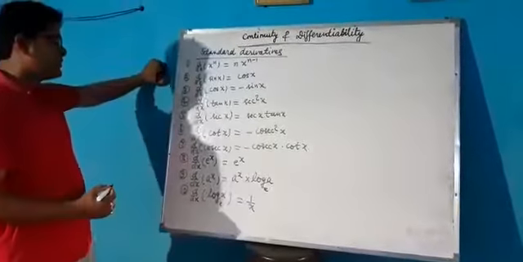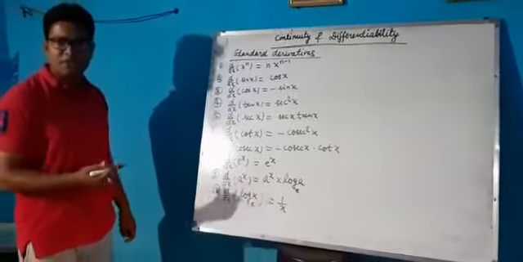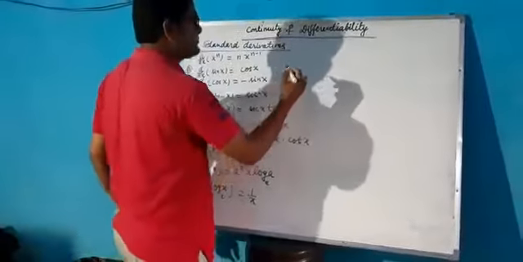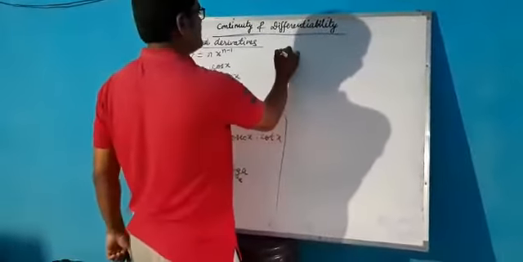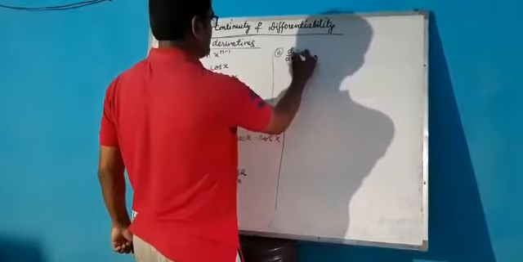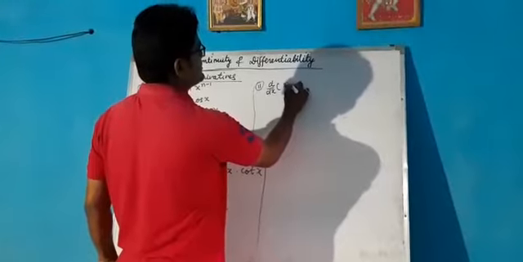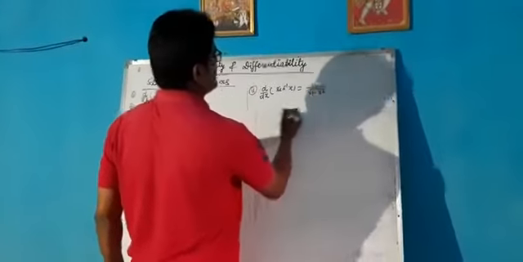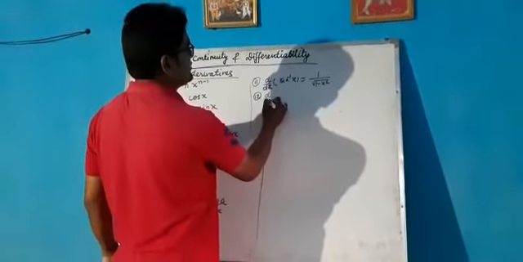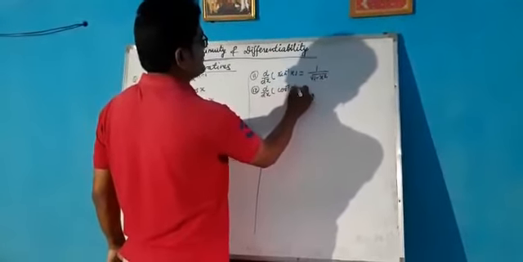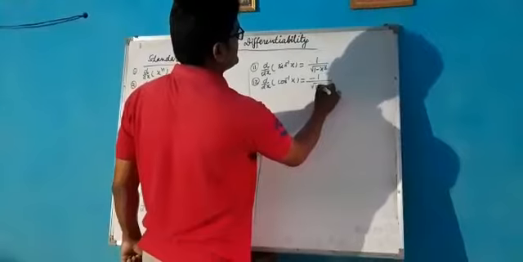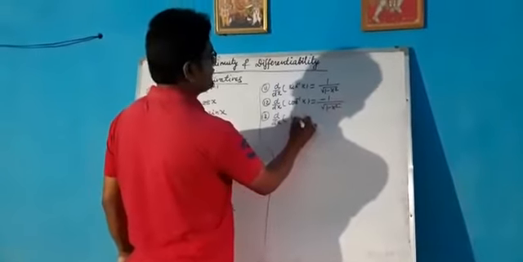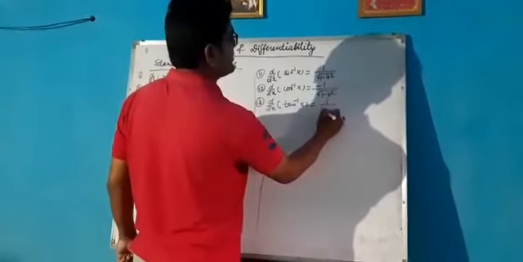Next, we have some derivatives of inverse trigonometric functions also, which we can prove later on. 11th, derivative of sine inverse of x is equal to 1 by root under 1 minus x square. 12th, derivative of cos inverse of x is minus 1 by root under 1 minus x square. 13th, derivative of tan inverse x is equal to 1 by 1 plus x square.